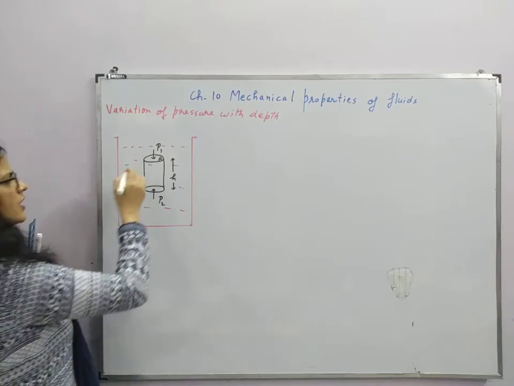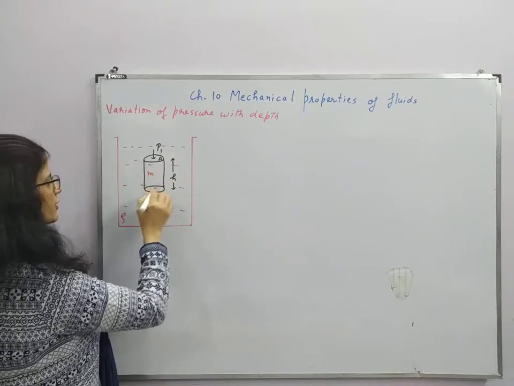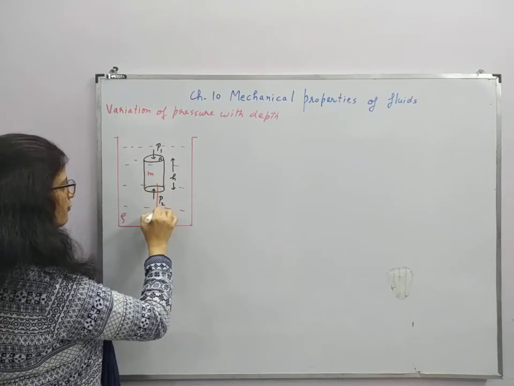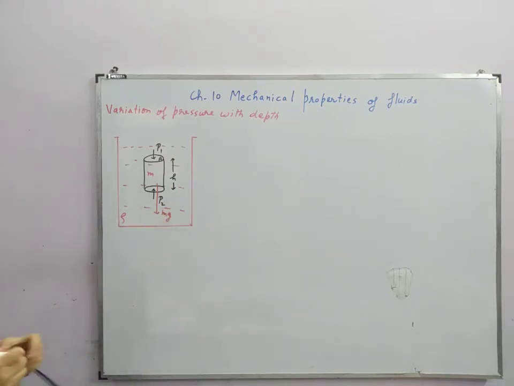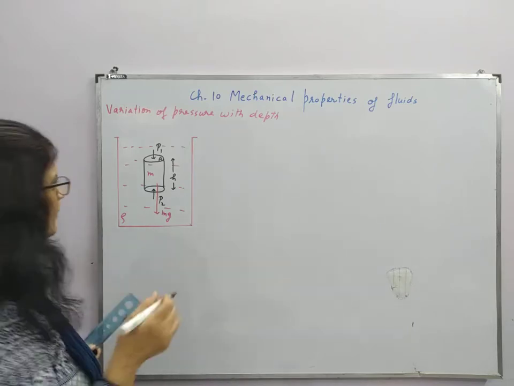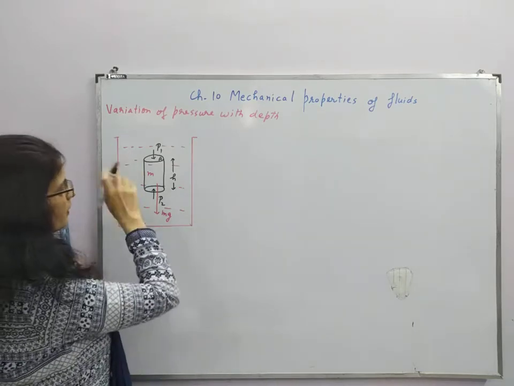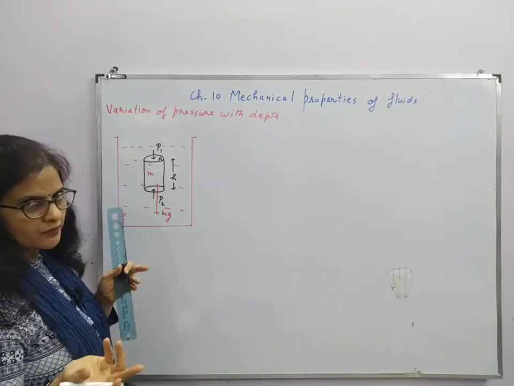Let's consider the mass of this cylinder is m, then obviously its weight will act downwards. So we are talking about equilibrium. For equilibrium, the vertical motion and the horizontal motion must not be there.